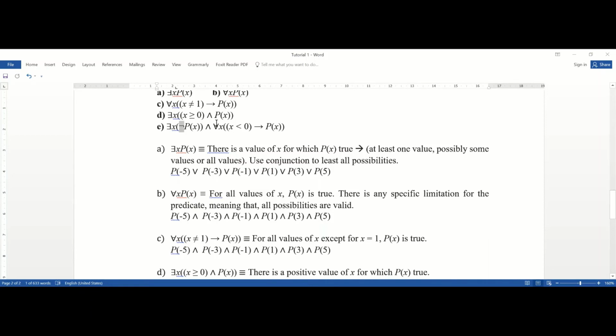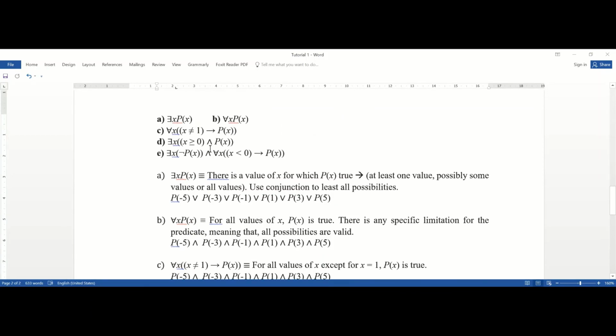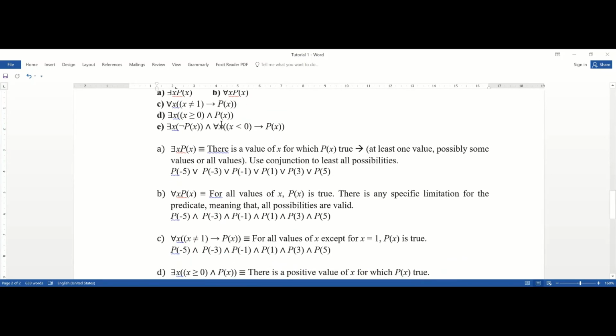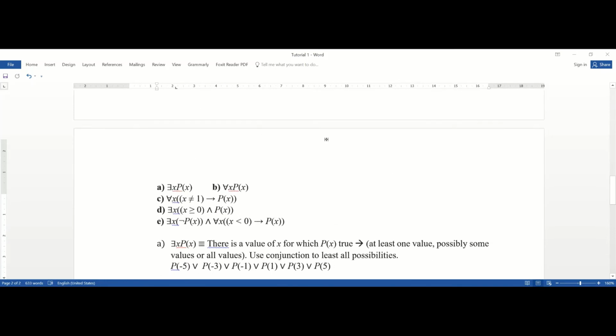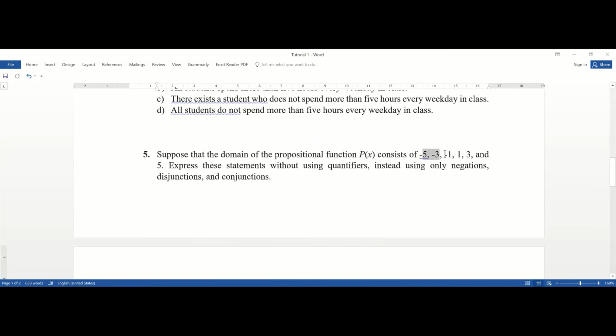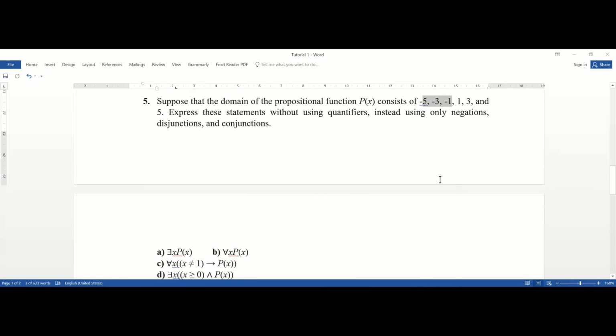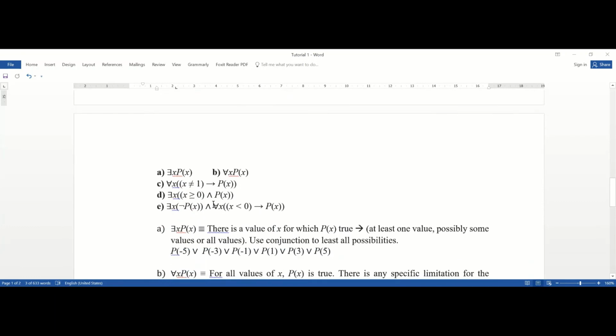Alright, how about this part? We are familiar with this part. We did something similar here or here. For all values of x, when x is less than 0, or the negative ones here, -5, -3, -1. What do we need to apply for all values? That means ANDing. This makes P(x) true.